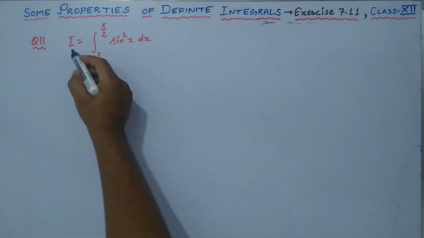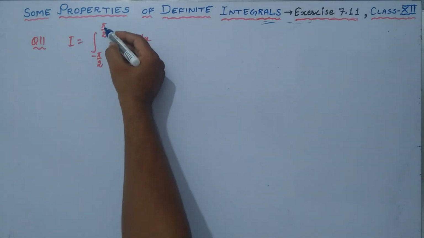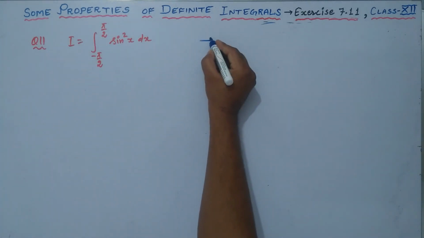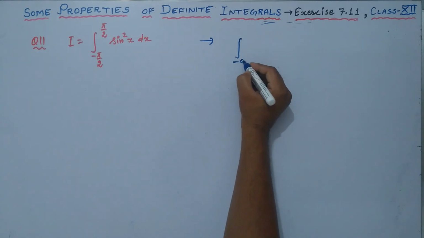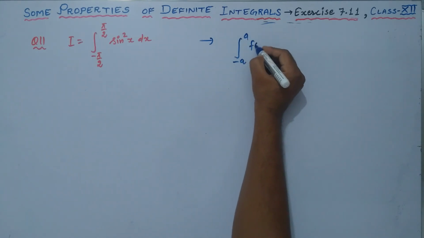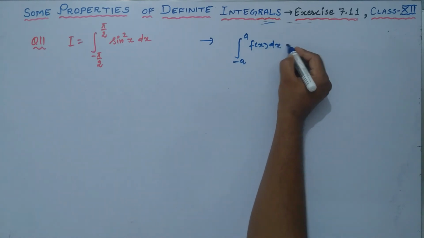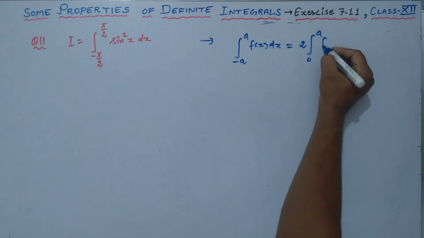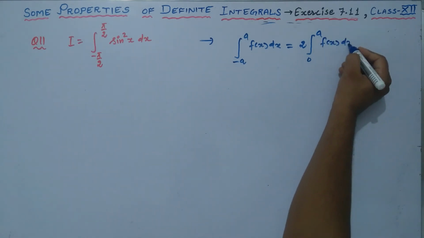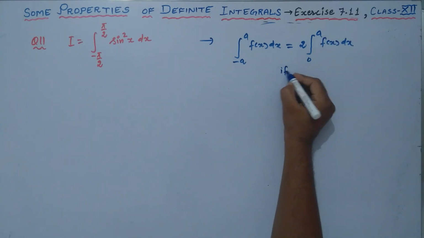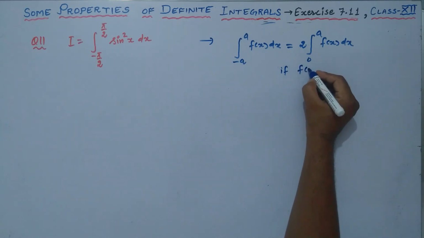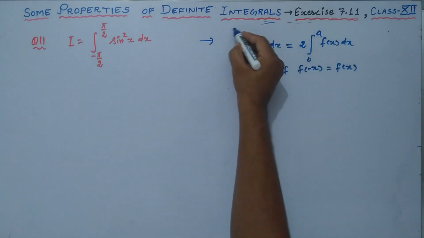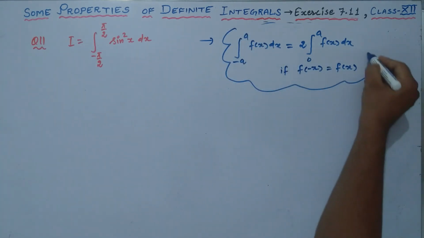Question number 11 is I is equal to integral from minus pi by 2 to plus pi by 2 of sine square x dx. So one property we have, integral from minus a to plus a of f of x dx is equal to 2 times integral 0 to a of f of x dx if f of minus x is equal to f of x, that is when the function is even function.